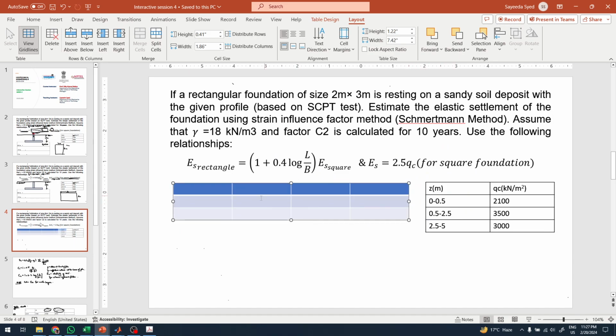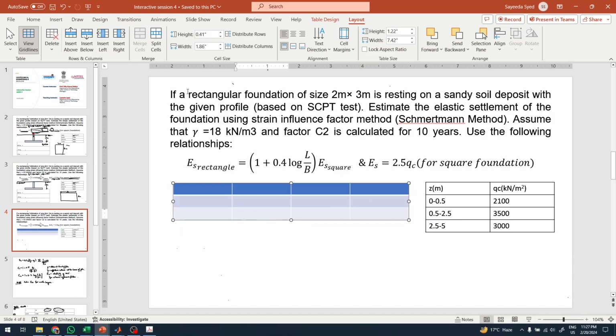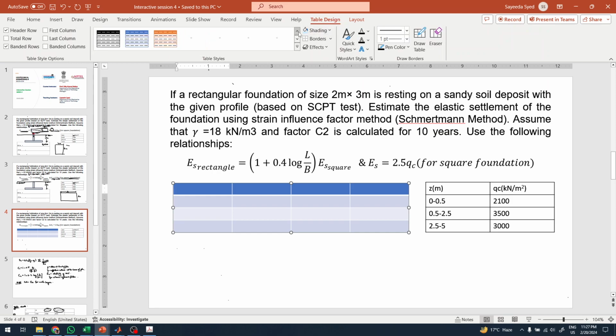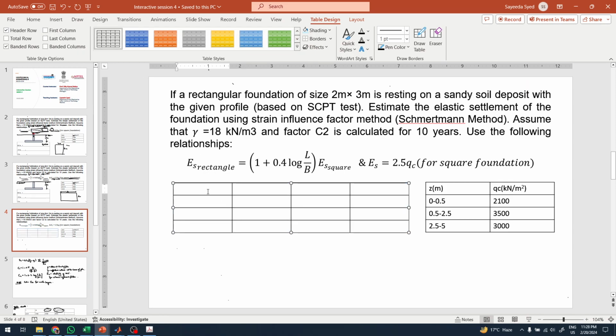So let us make columns, sorry, and I think we have three values. This is our Z, this is QC, this is E square, and this is E rectangular.